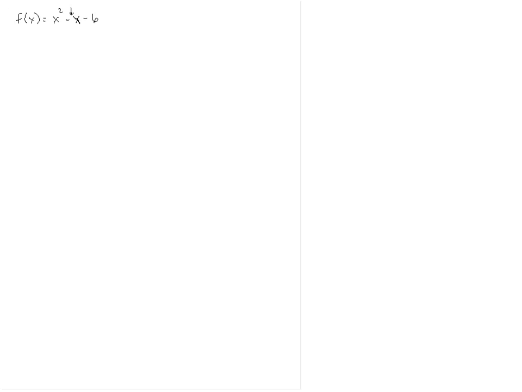So, I'm going to tell you something. The opposite of b over 2a is the x-coordinate of the vertex. Or, if you think of it this way, it's the h.